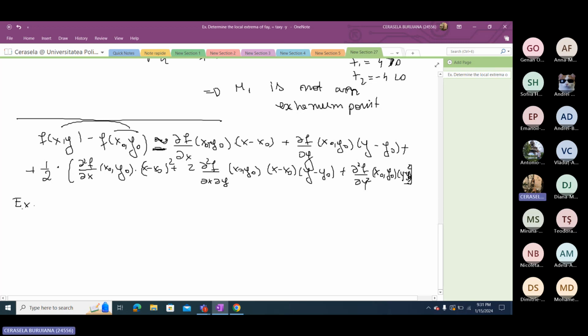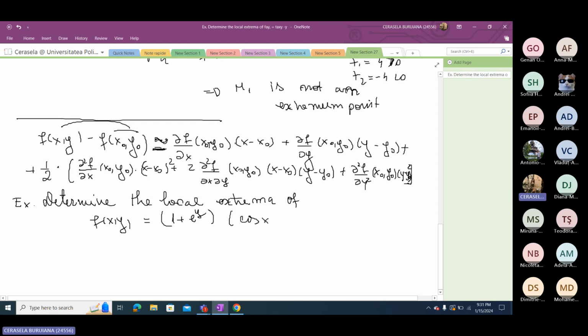So let's determine the local extrema of the function, and because I want to have more space, I want to write here f of x, y, it will be 1 plus the exponential power y times cosine of x minus y times e power y.